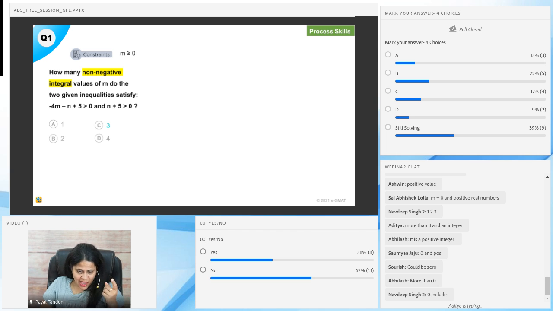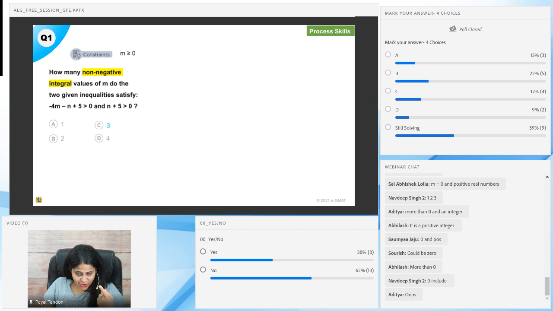Ashwin, positive value means that zero is not a positive number. If you're saying positive values, this means 1, 2, 3, 4, not zero. So that's wrong. Navdeep Singh, same thing for you. You said more than zero, which means you're not considering zero. Abhishek, you're right that m is equal to zero and positive, but not real numbers, positive integers. You don't have decimals over here.